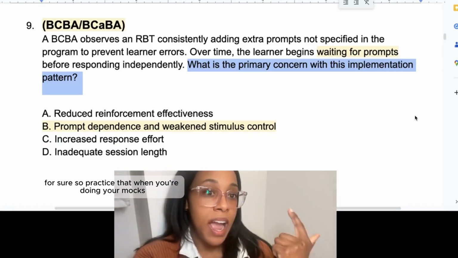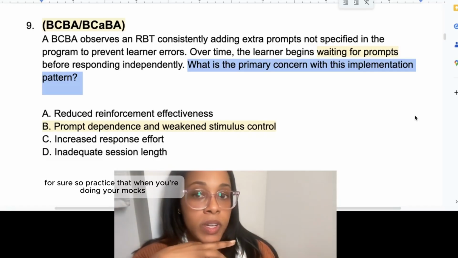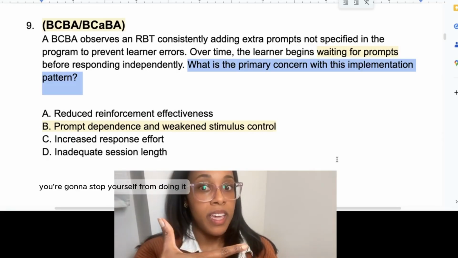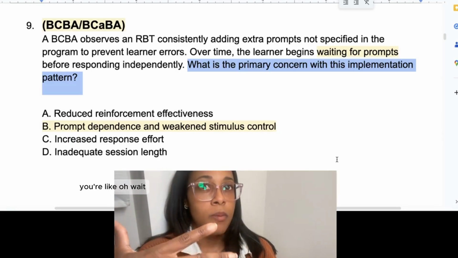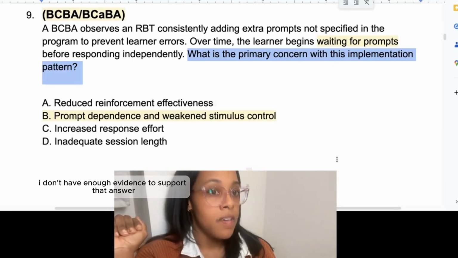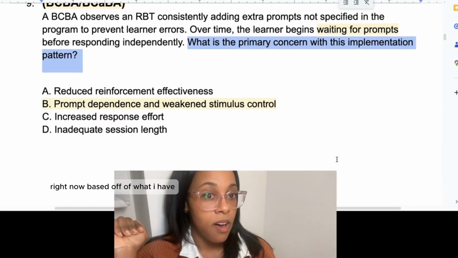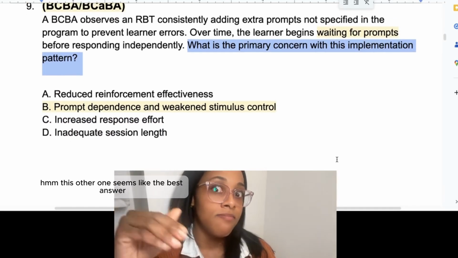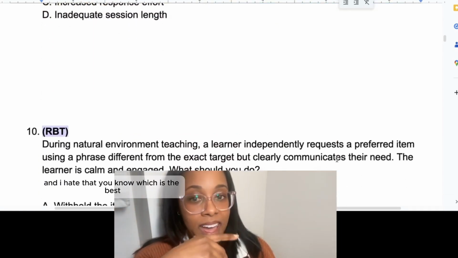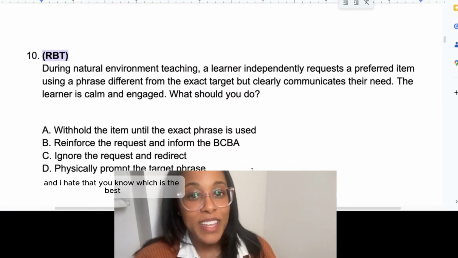So practice that when you're doing your mocks, and I bet over time you're going to stop yourself. You'll notice when you're taking your exam, you're like, oh wait, that could be true, but I don't have enough evidence to support that answer right now. Based off of what I have, this other one seems like the best answer. And I hate those questions, which is the best.